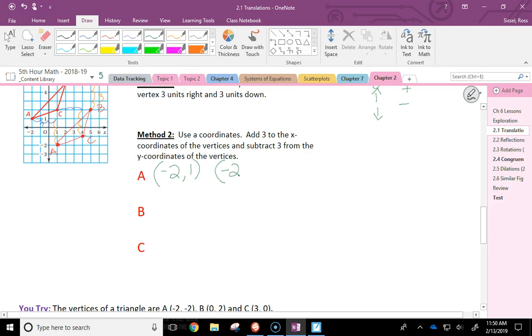I'm going to move 3 to the right, which means I'm just going to say plus 3. For my y-coordinate, the original coordinate was 1. And they told me to go down 3 units. Going down affects my y-axis, so 1 minus 3. And then all we have to do is simplify. Negative 2 plus 3 would give me what?